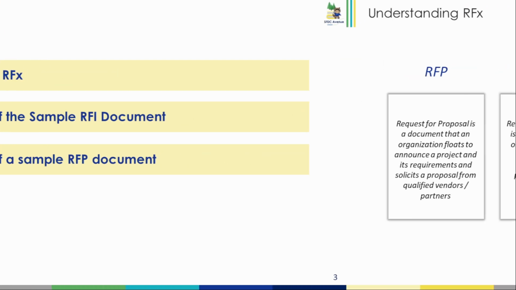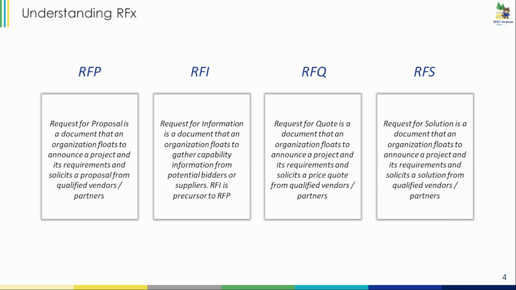Okay, so let us understand RFX. RFX is an acronym where X denotes either P or I or Q or S. That means we have something called RFP or RFI or RFQ or RFS.